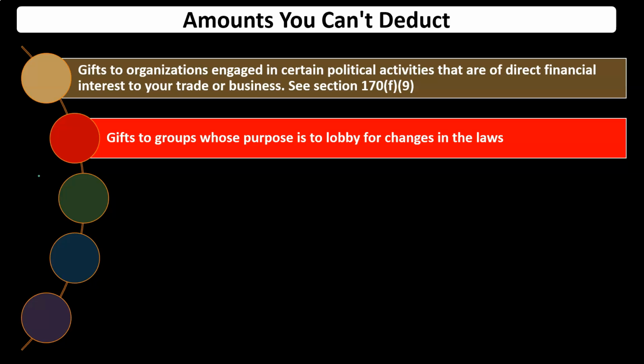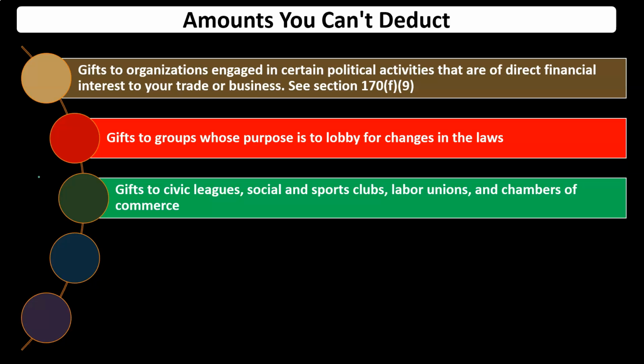Gifts to groups whose purpose is to lobby for changes in the law. So if you're giving money so that they can lobby for changes in the law, most of the time when people do that, they have a vested interest in what the lobbying is, and that defeats the purpose of a gift, which is supposed to not have any kind of return on it typically. So they want to not encourage that or not give a deduction related to it.